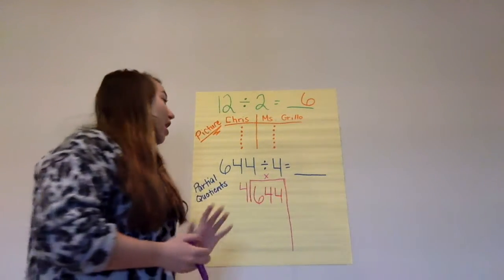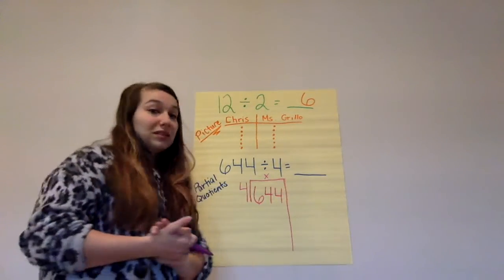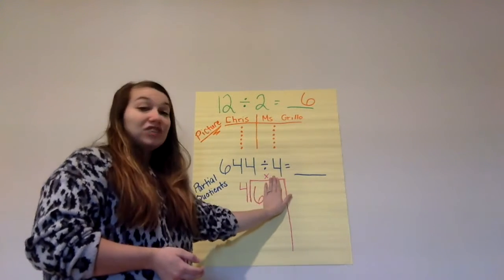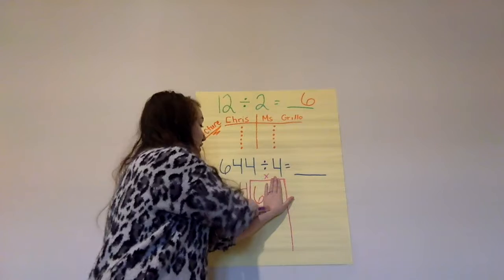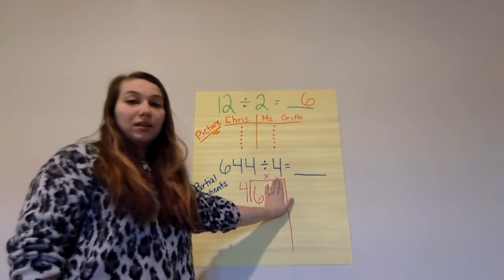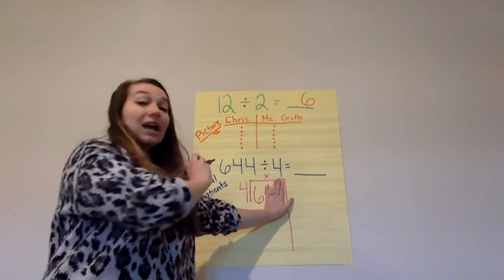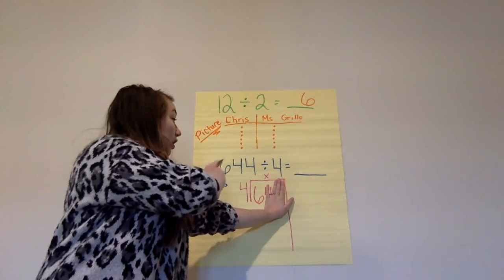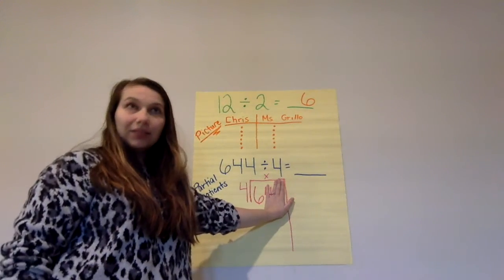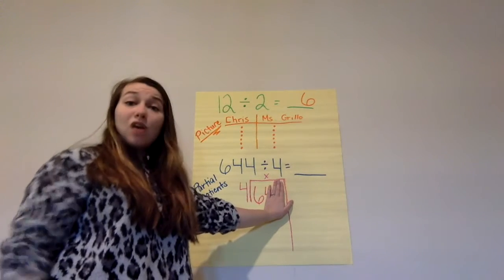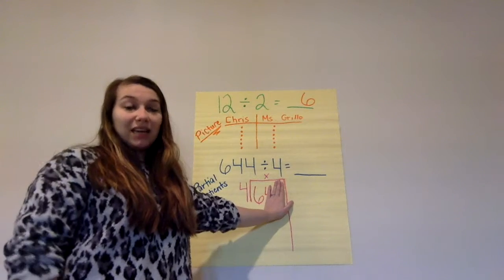So, a strategy you can use is you can cover up your last digits, so you're just left with your first digit, okay? And now the question we would ask ourselves is, how many times does 4 go into 6? Is that easier to work with? Yeah, so 4 times what is going to give us 6?